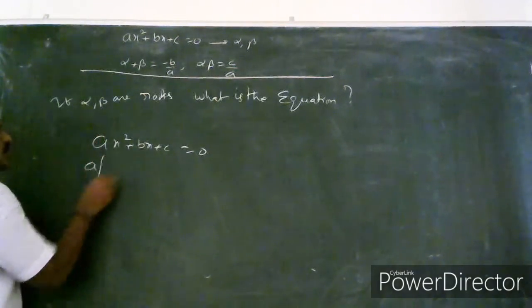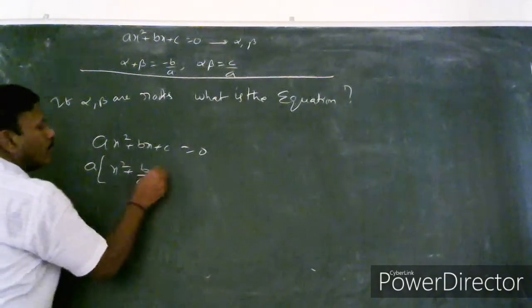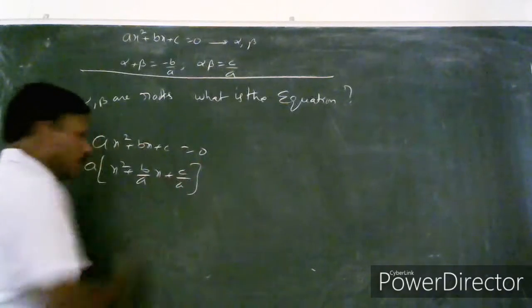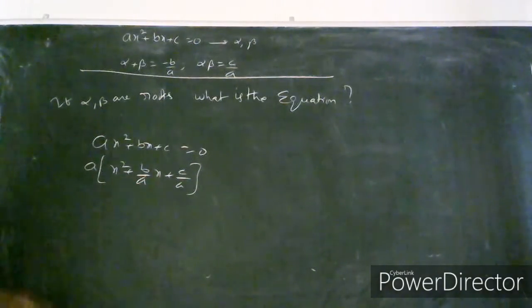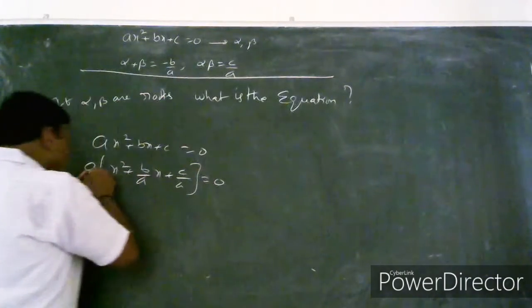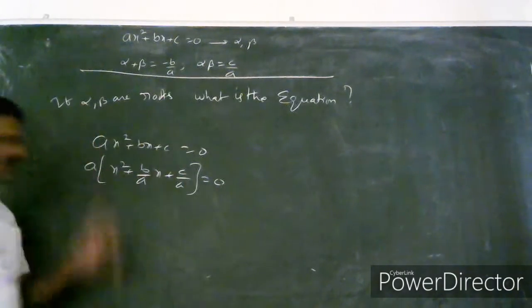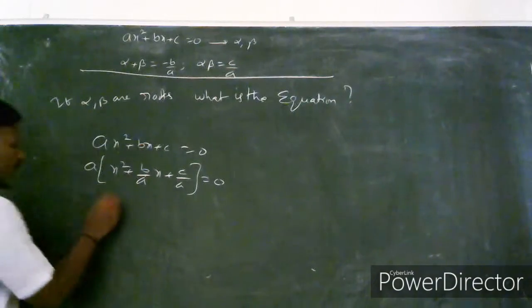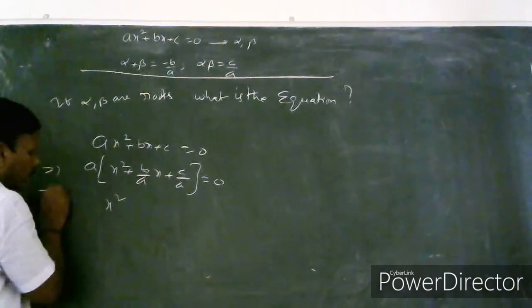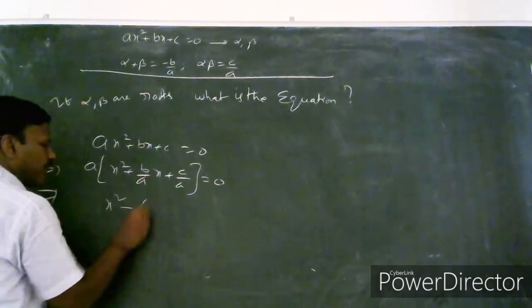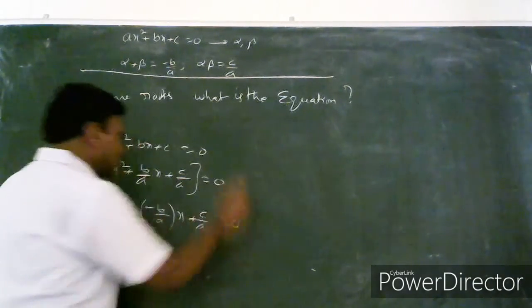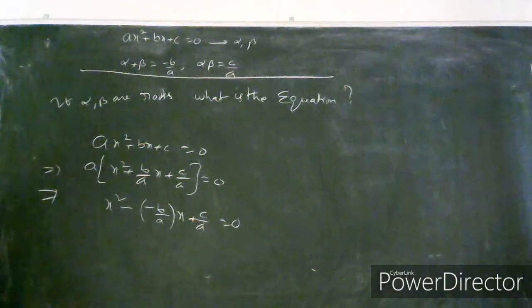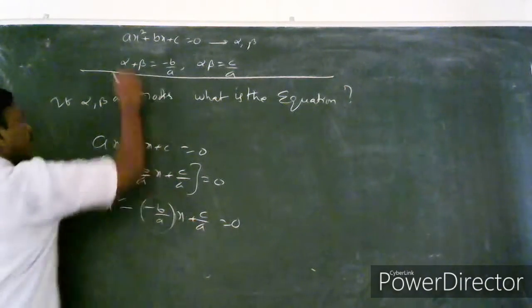Take a common. A into x square plus b by a into x plus c by a is equal to 0. This a goes to the other side, no problem, because a is not equal to 0. Now we write x square plus b by a into x as minus of minus b by a into x, plus c by a. What is the meaning of minus b by a here?